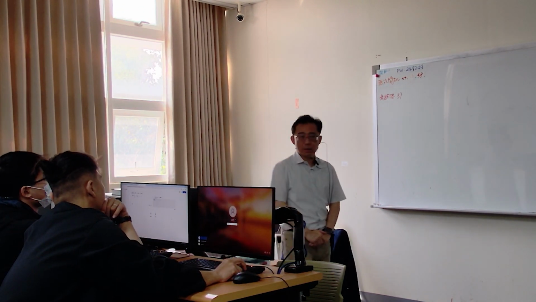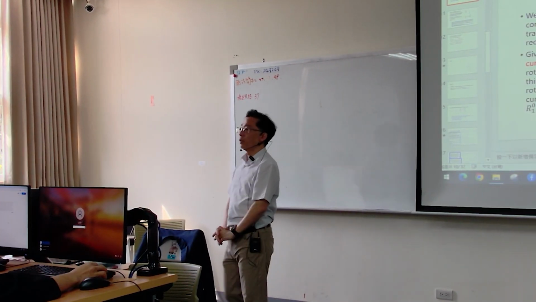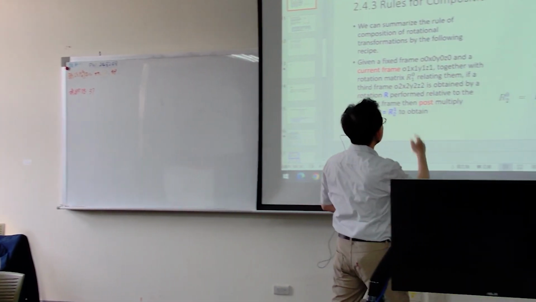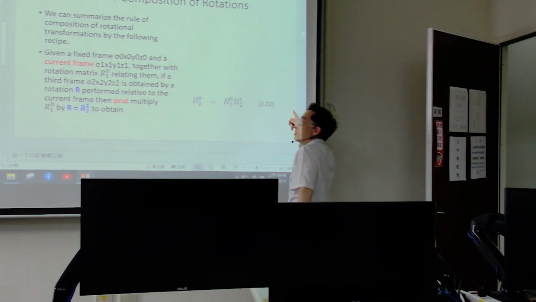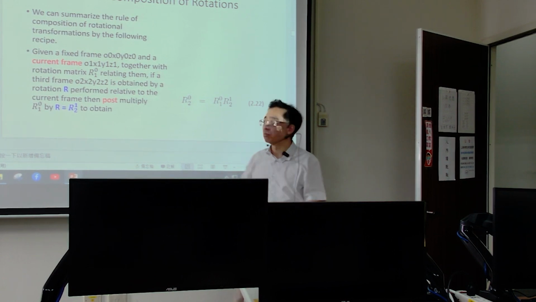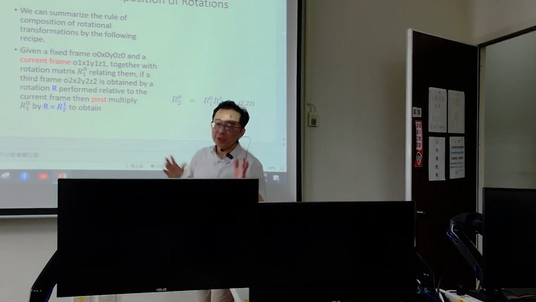Okay. If you rotate so many angles for a frame, then it will become more complicated, not just 1, 2. So the composition of rotation means you can have an infinite number of rotation matrices multiplied together. You can have as many as you need.